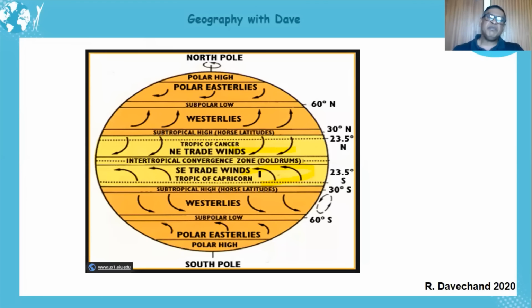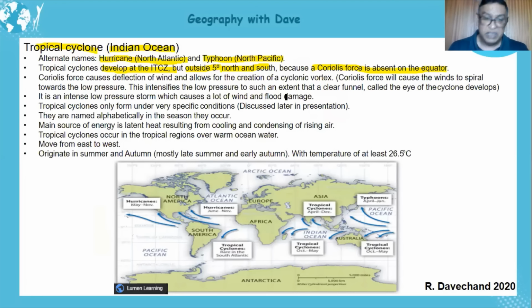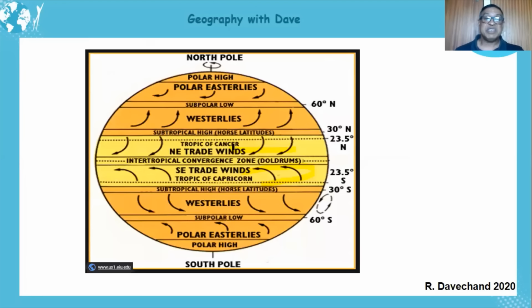Now, generally we stop at that. But why do we need the Coriolis force? Firstly, the Coriolis force causes the deflection of winds. Look at what's happening here: the Coriolis force is causing the deflection, moving the winds east to west.